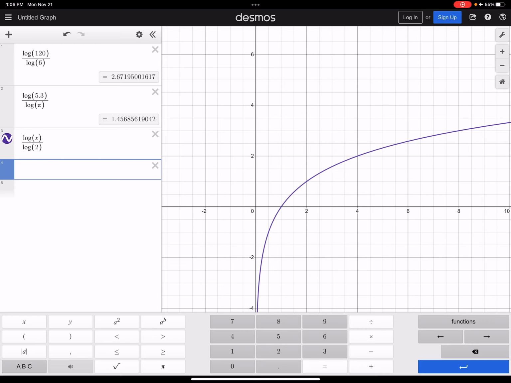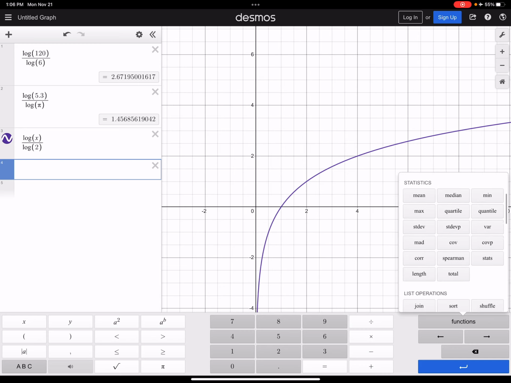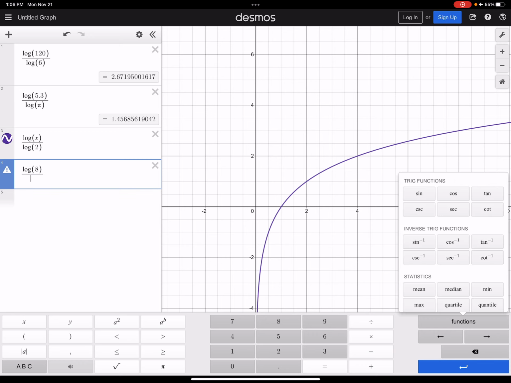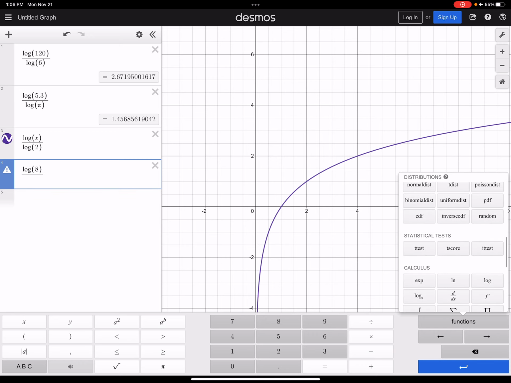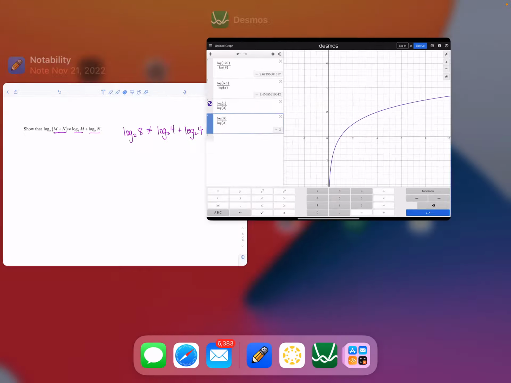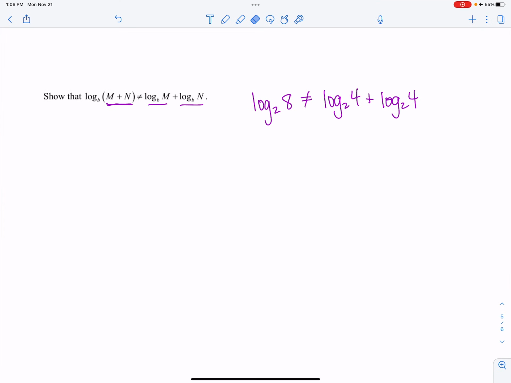So we have log eight over log 2, and log base 2 of 8 is 3, so this side equals 3, and I'm showing that it's not equal to log base 2 of 4 plus log base 2 of 4.